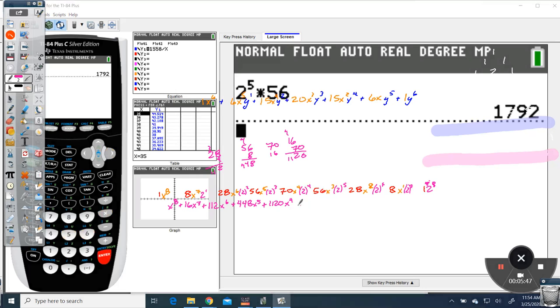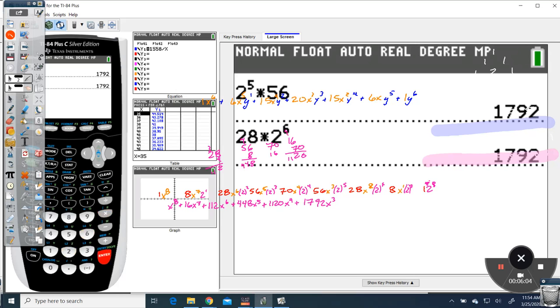So 2 to the 5th times 56 is 1792, x cubed. 28 times 2 to the 6th is also 1792.